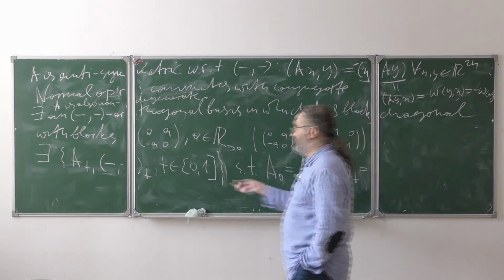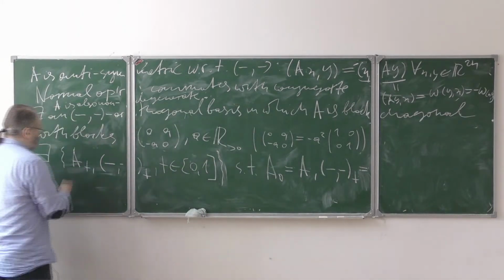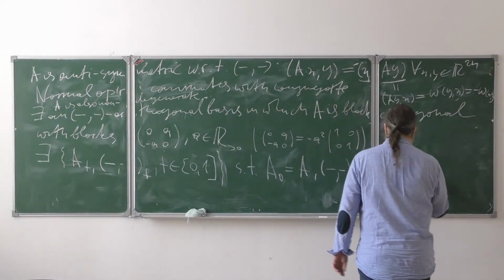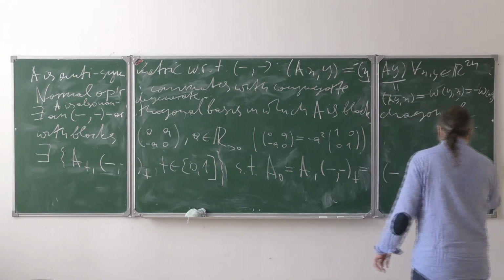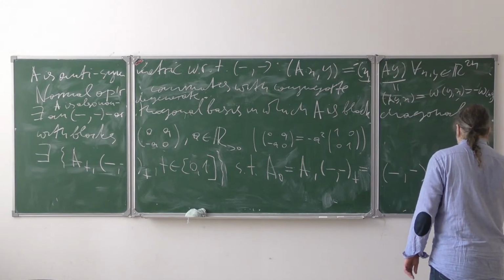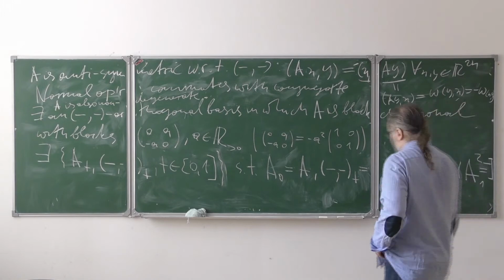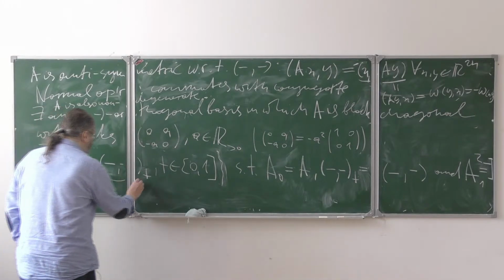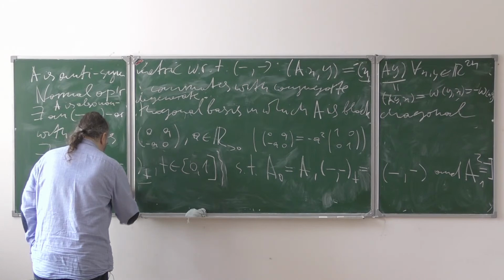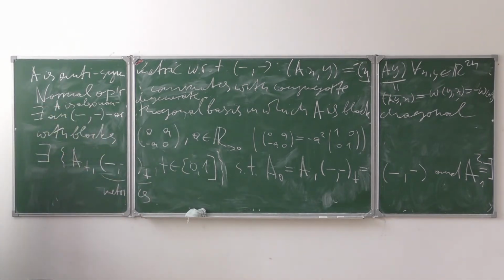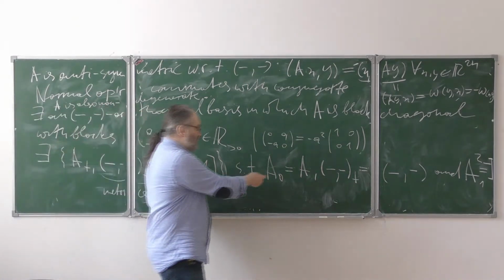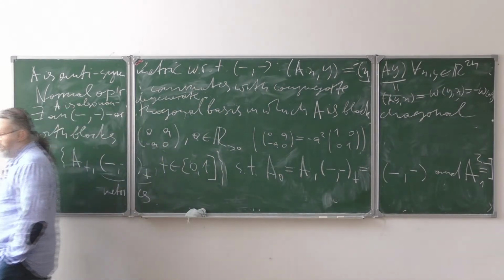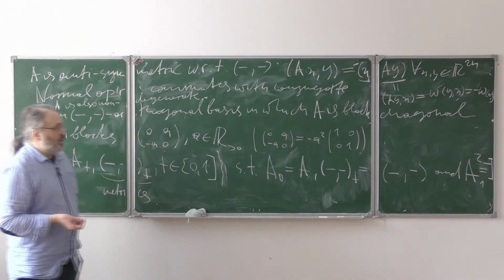So there exists a family of operators and metrics such that at t equals 0, we have the original operator and metric, and for t equal 1, we have an operator which squares to minus 1 and some metric.